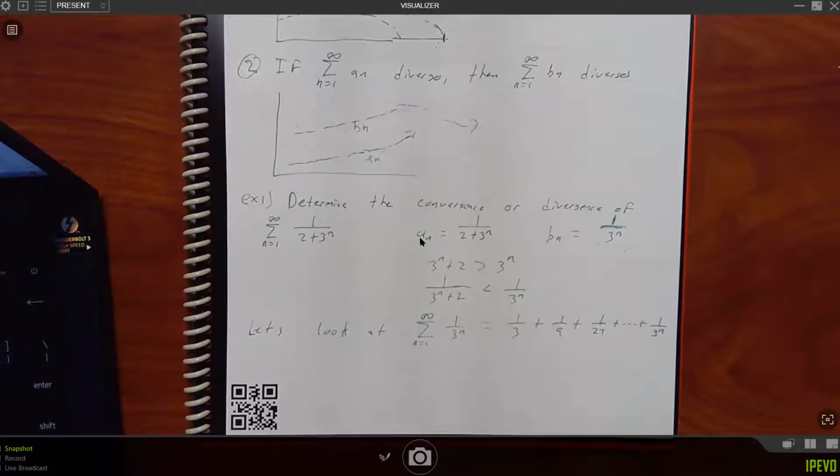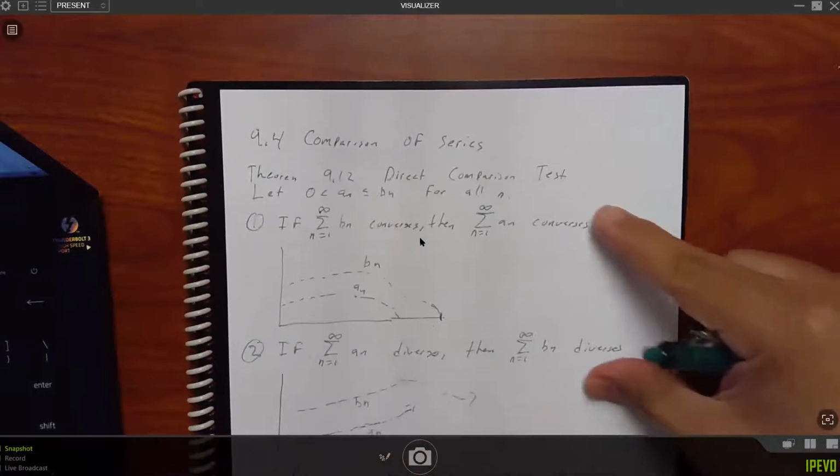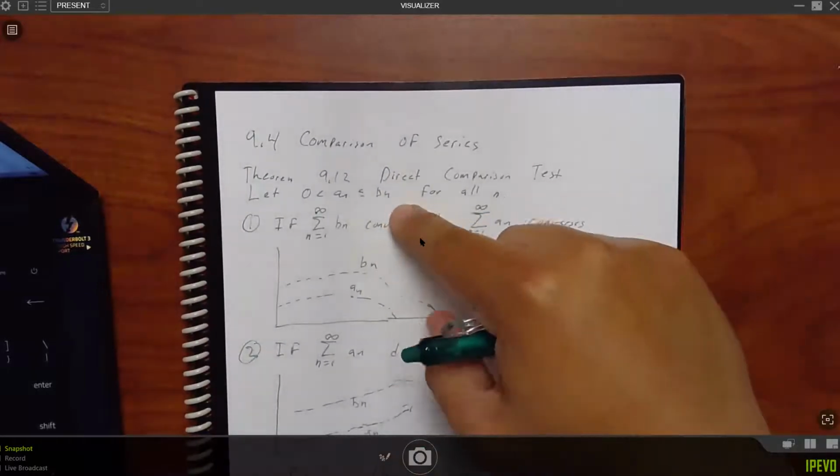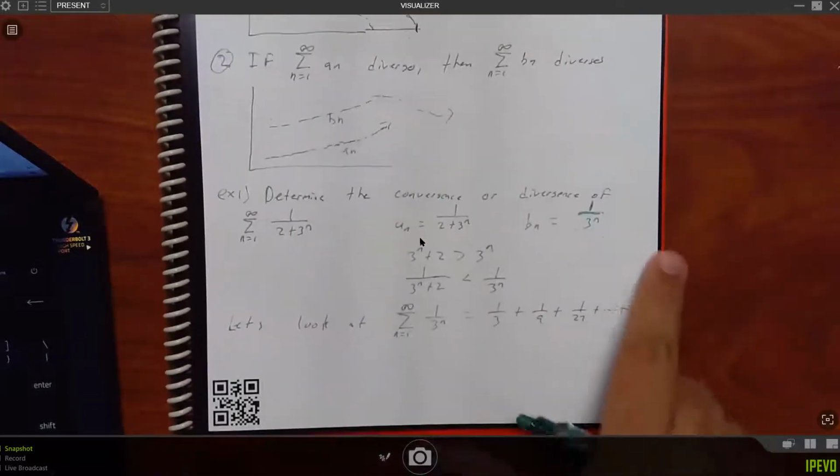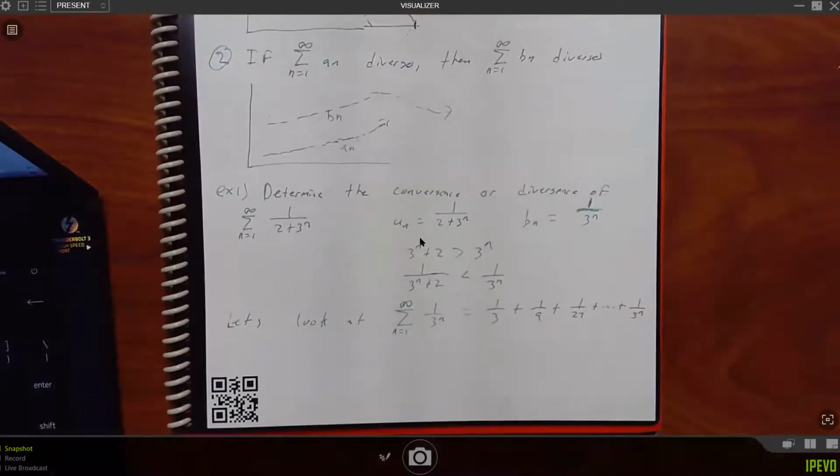But in order to use direct, remember, we have to know what one of them is doing to compare it. So if this, then this, so I need one of them. I need to figure out what B sub n is doing before I apply the comparison.